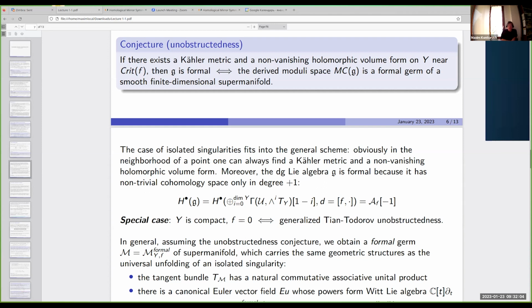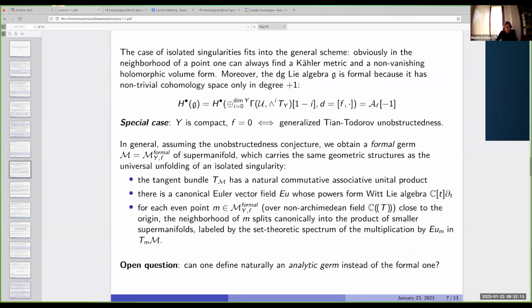Yeah, there is another case when this unobstructedness is clear, namely when my function is identically 0. By assumption that the critical locus is compact, it means that my variety is compact. So we speak about compact Calabi-Yau varieties, and there is a generalized Bogomolov-Tian-Todorov theorem on unobstructedness. Yeah, and here the story is the following.